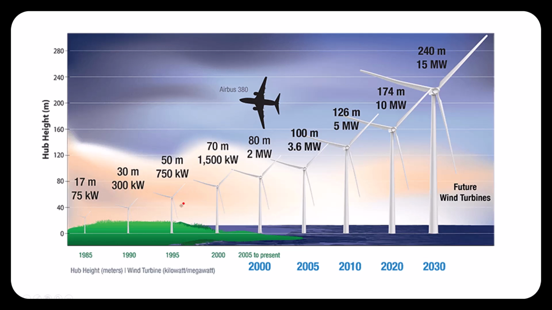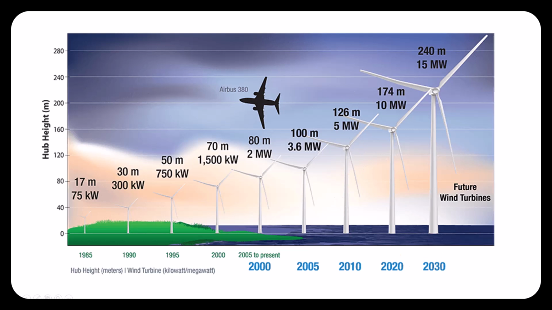Fast forward to 1995, 2000, 1500 kilowatts, that is 1.5 megawatts. And I will give you an idea of how they are related to other things like the Eiffel Tower. Then let's move to 2005, 3.6 megawatts, 100 meters height. And then 2010, 5 megawatts, a 126 meter wind turbine, that is the NREL 5 megawatt wind turbine, exactly this one.